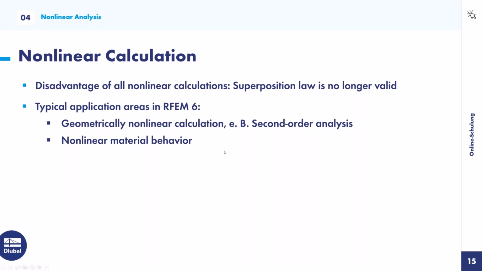Imagine you have a dead load case and a steel beam of grade 235, so it can have 235 Newton per square millimeter. Now you put on a dead load case which just brings it to the limit of 235 Newton per square millimeter. You reach the limit of it. It can't do anything more.